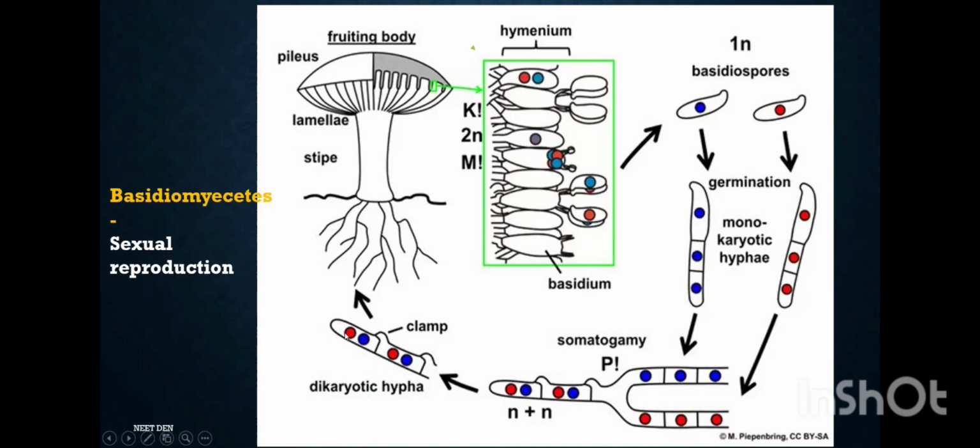Ultimately, these dikaryotic hyphae enter the fruiting body again, where karyogamy happens, the nuclei fuse, and this leads to production of the diploid mother cell or zygote. And this again gives rise to haploid spores. So this is a continuous cycle.